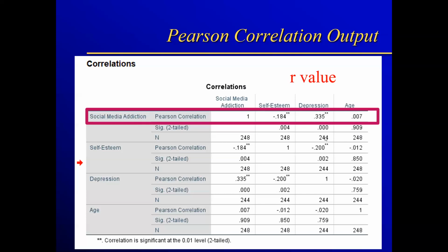Why is this number different between social media addiction and depression? Why is this number 244? Why are these two numbers different? Unmute yourself if you want to take a stab at this. As soon as someone says the right answer, you're going to be like, oh, of course.